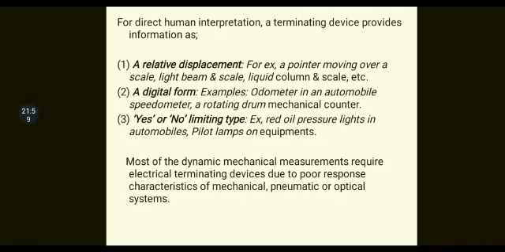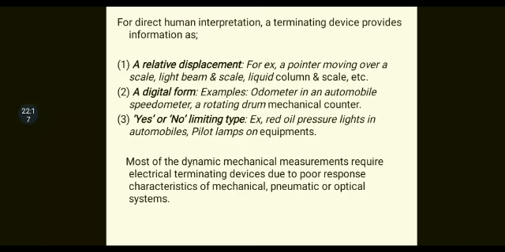We call these things SRO. Even pilot lamps on equipment work this way. The indication of light will tell the presence or absence of some element.